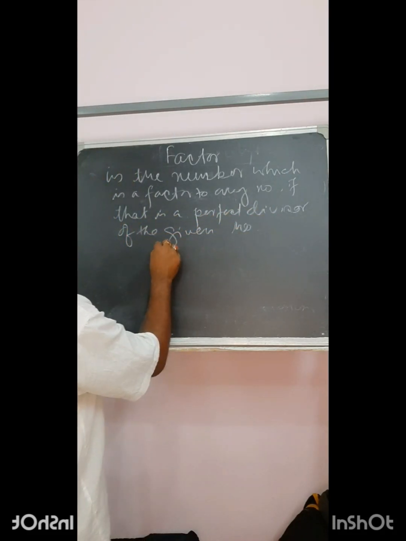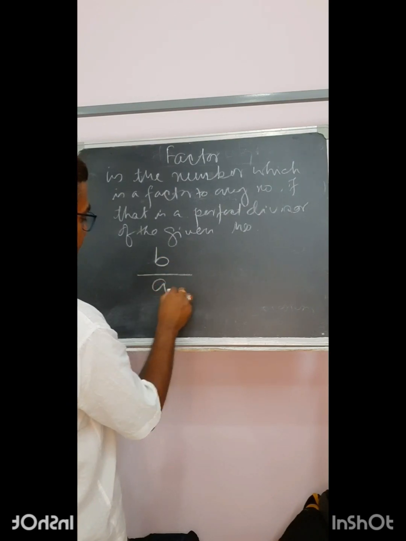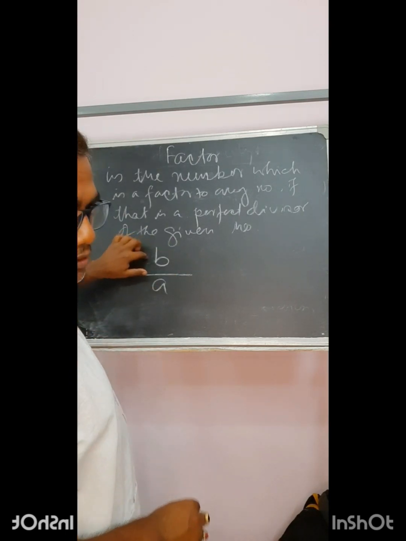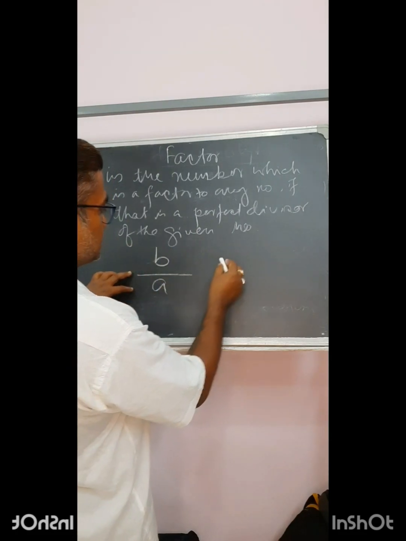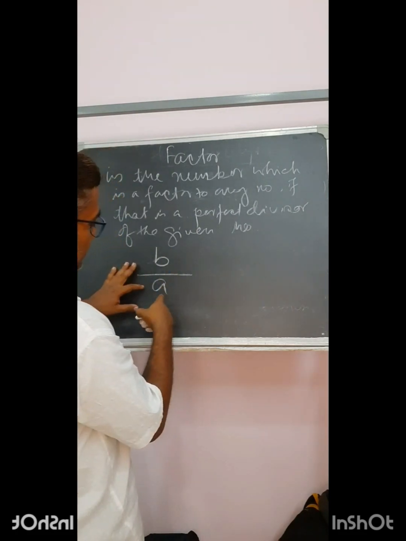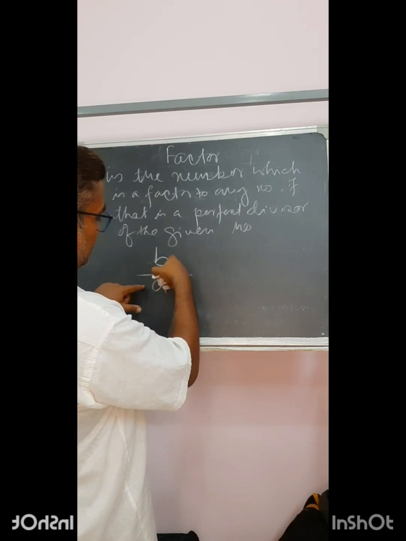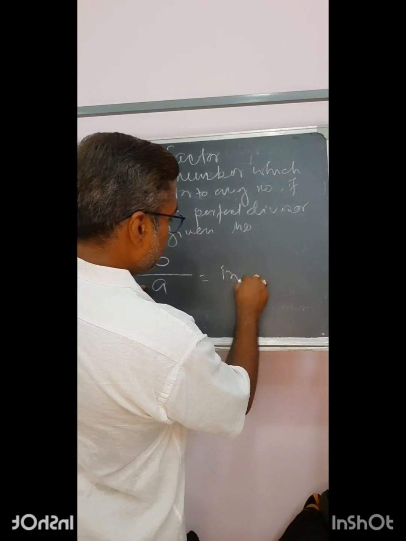So let's say a number given is b. Now we have to prove whether a is a perfect divisor, a factor of b or not. So in that case, if I divide b by a, that means b is the given number whose factor a has to be proved. Now if I divide b by a, then it has to be an integer.